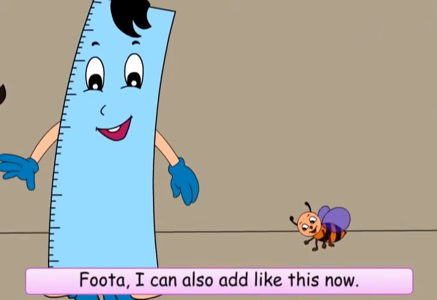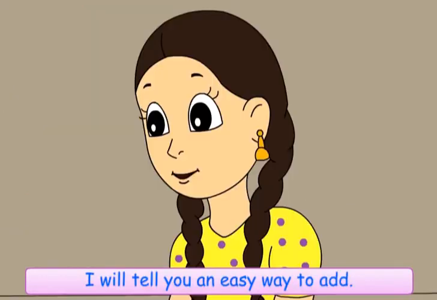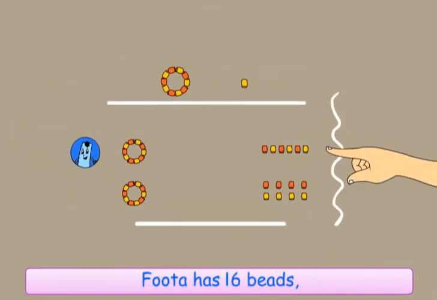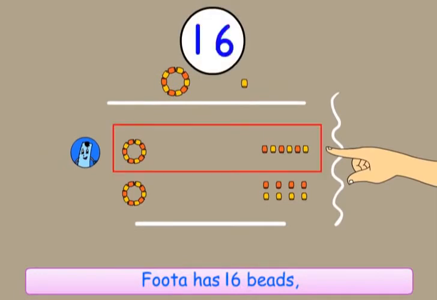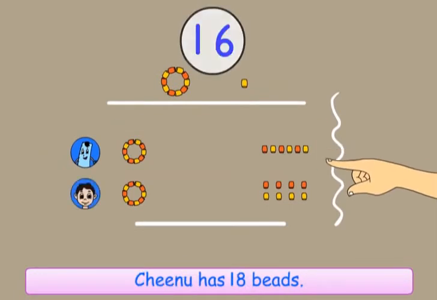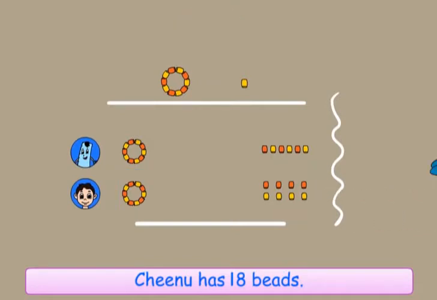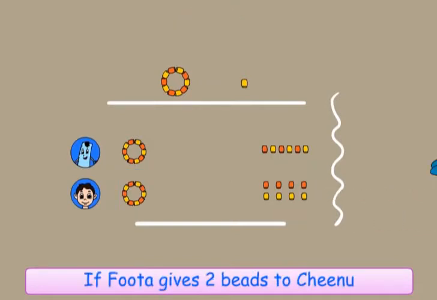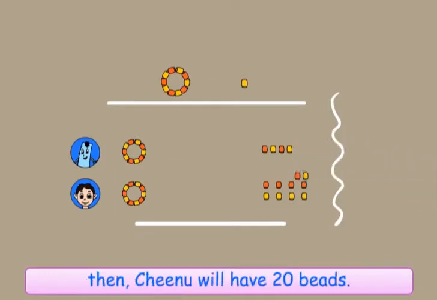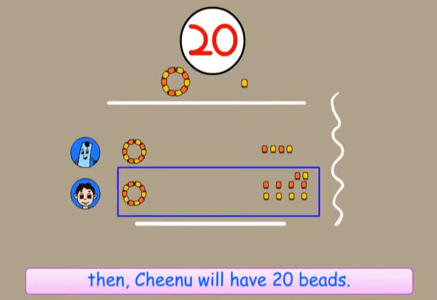Futa, I can also add like this now. I will tell you an easy way to add. Futta has 16 beads. Chinu has 18 beads. If Futta gives 2 beads to Chinu, then Chinu will have 20 beads.